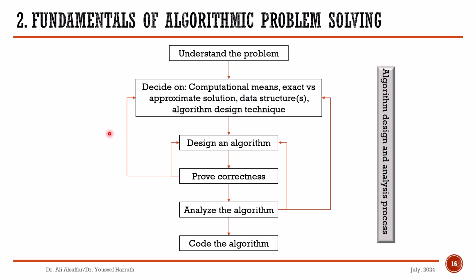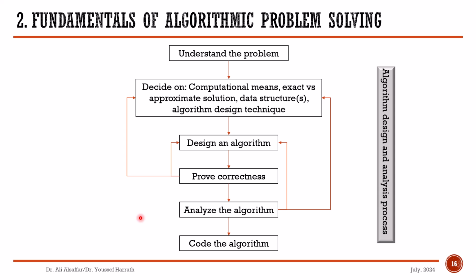and analyzing an algorithm. The first step is understanding the problem, followed by deciding on some of the algorithmic characteristics and features, followed by the design step. After that, proving the correctness of the algorithm, followed by analyzing the algorithm, followed by writing the code using a programming language.